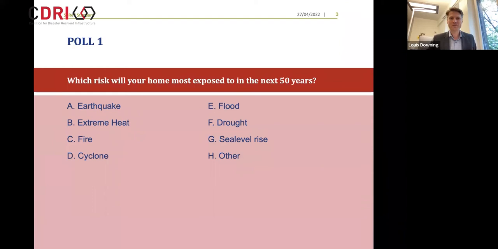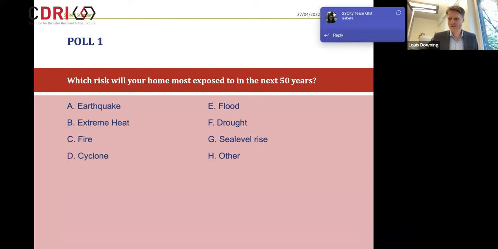Okay, maybe we can check now if the results have come through. Great, okay. So we have some exposure to earthquake, to extreme heat, 45%, flood 44% of the respondents, cyclone, sea level rise, one person. Great. Well, not so great, but that's why we're here.